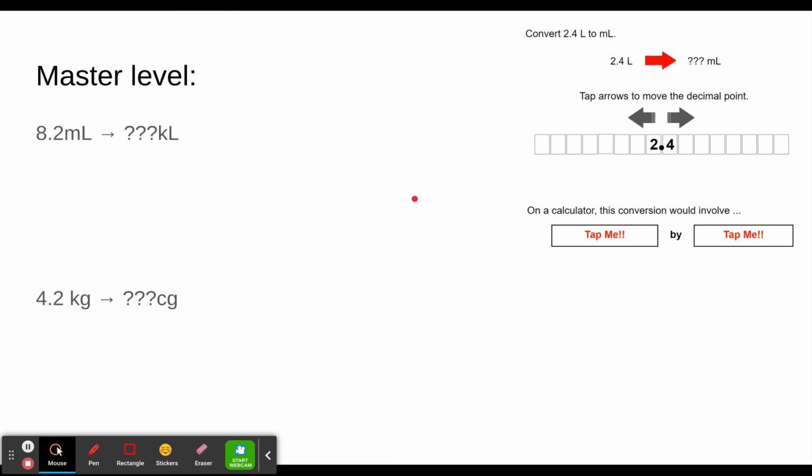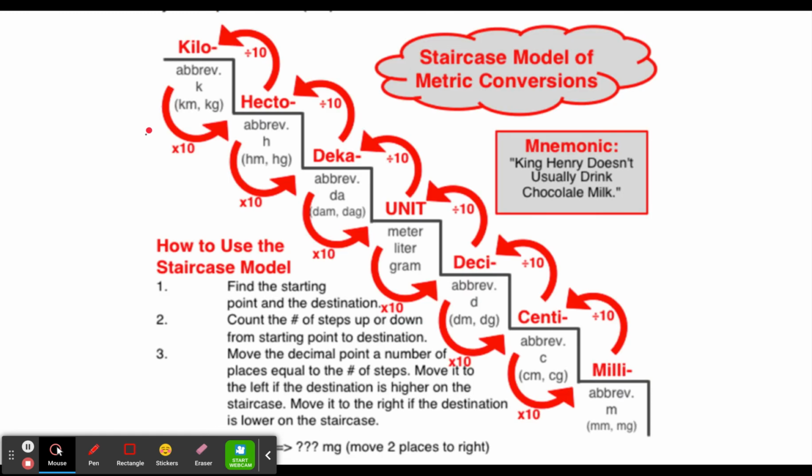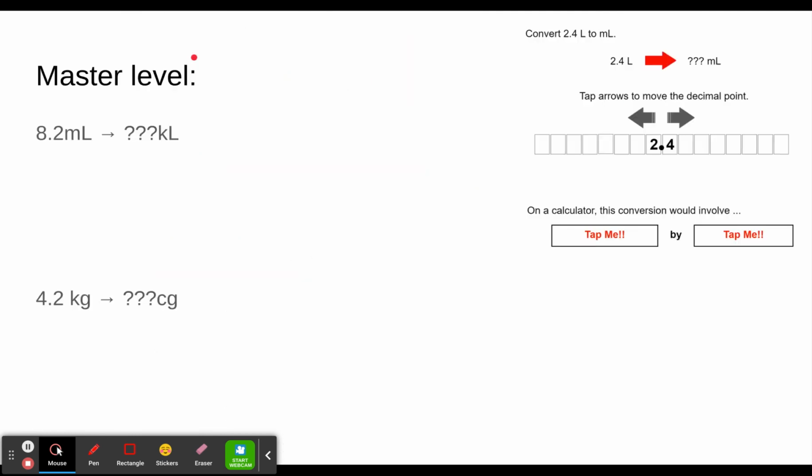Okay, so here we want to go from milli to kilo. Okay, so milli is down here. We want to go 1, 2, 3, 4, 5, 6. Okay, so we're going to go, let's write it as 6 steps.